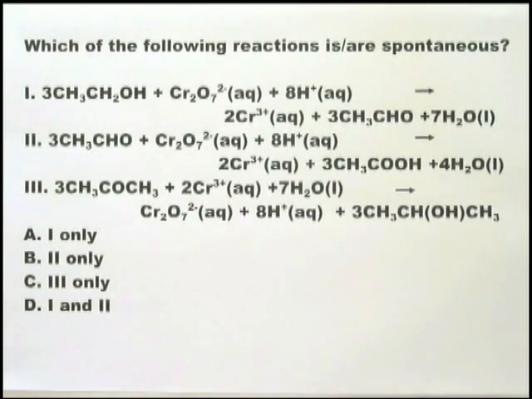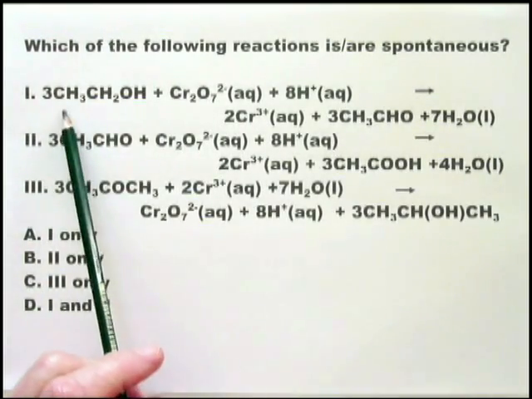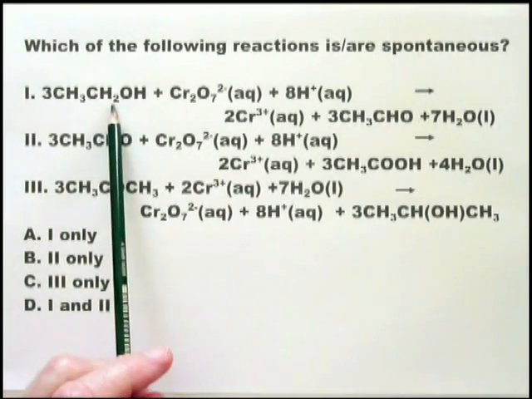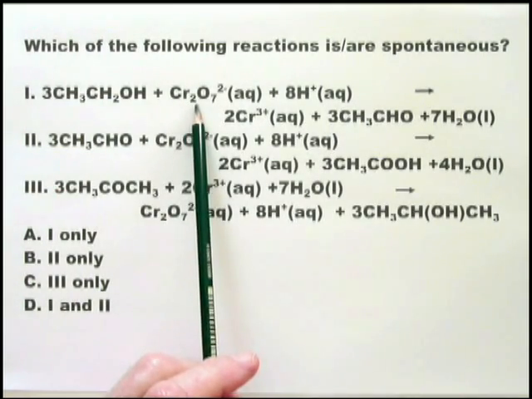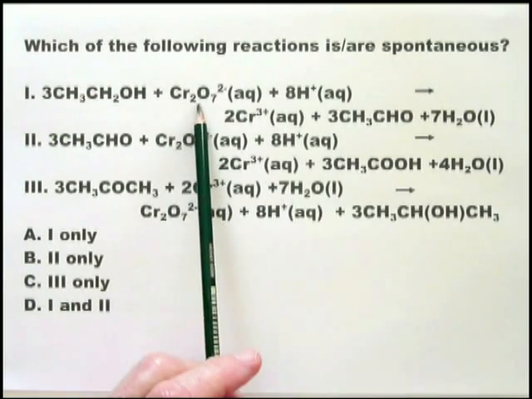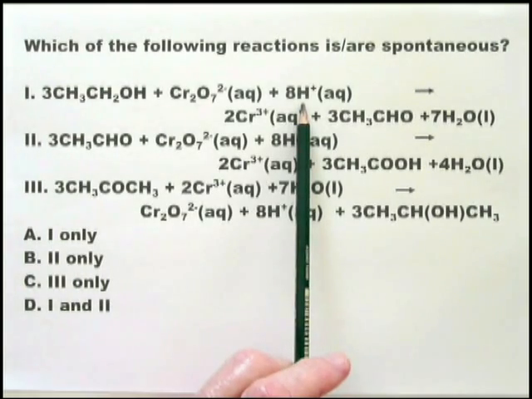The concept of spontaneity applies to both organic chemistry as well as inorganic chemistry. And in this case, it's simply a matter of knowing the chemistry. We have here ethanol, and that's a primary alcohol. And this is dichromate, probably potassium dichromate. That's the usual form in which it's used. And this is some acid, possibly hydrochloric acid or sulfuric acid.